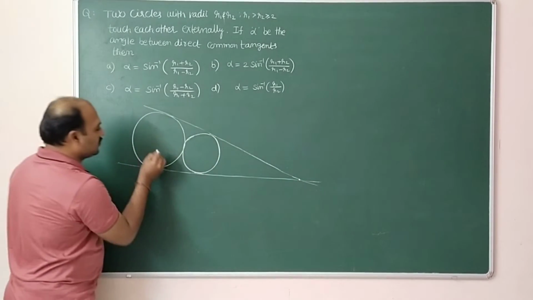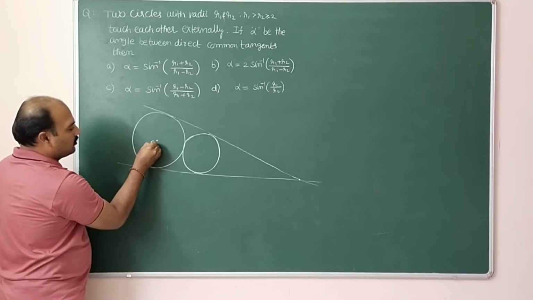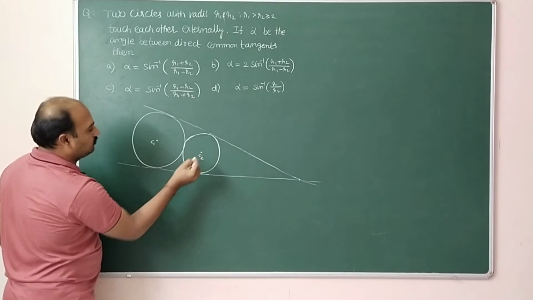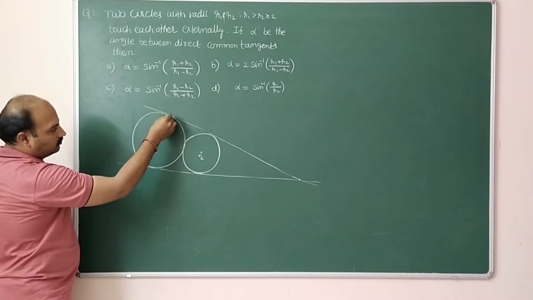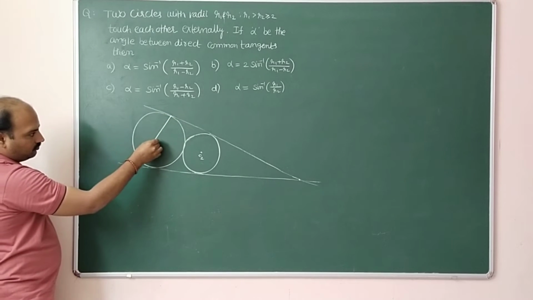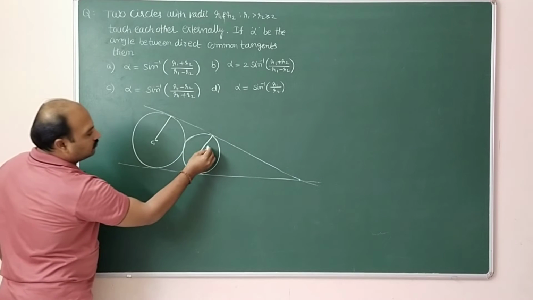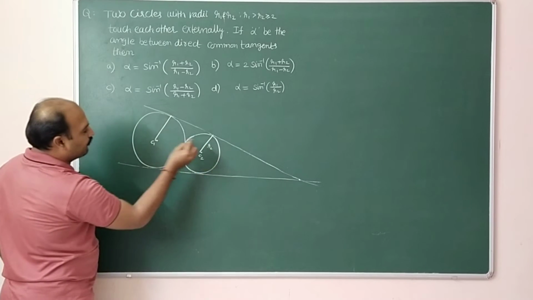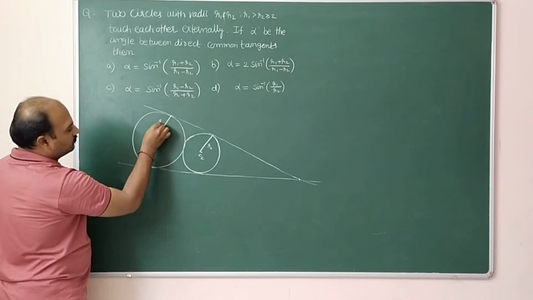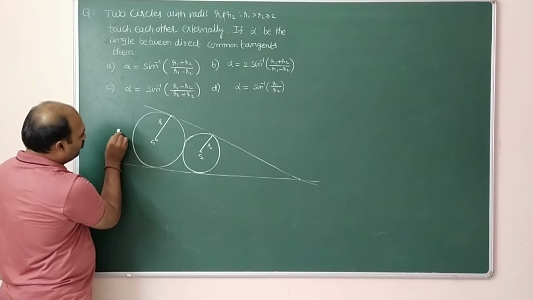The angle between them. These are the centers, this is C1, this is C2. This is radius R2, this is radius R1. Join these two.